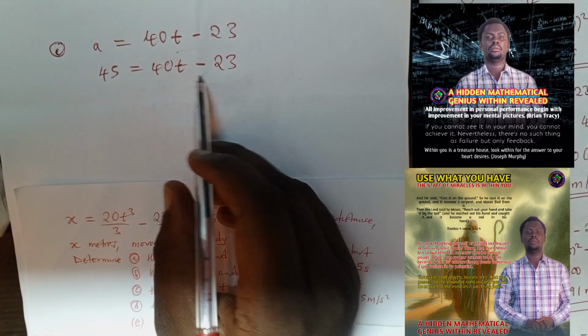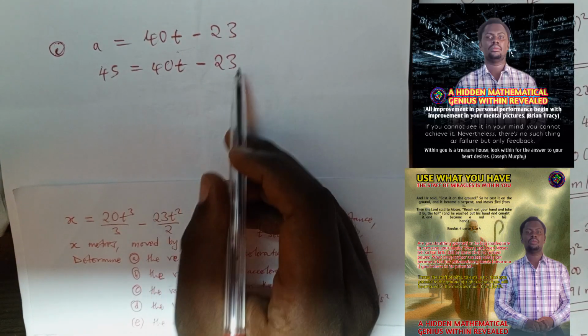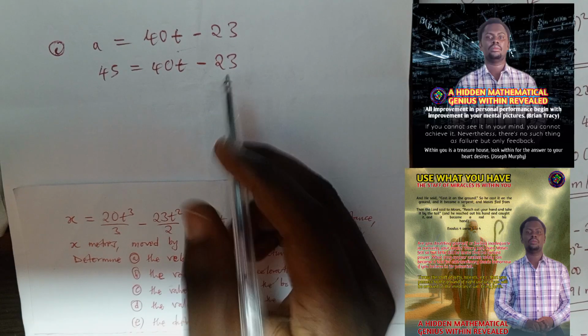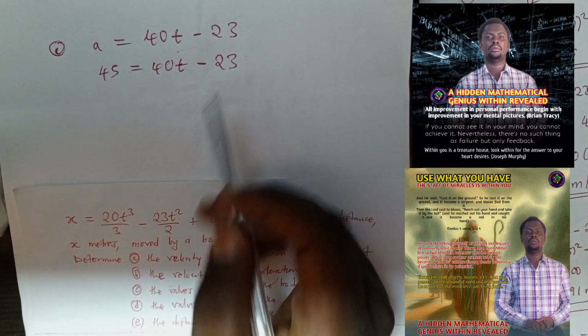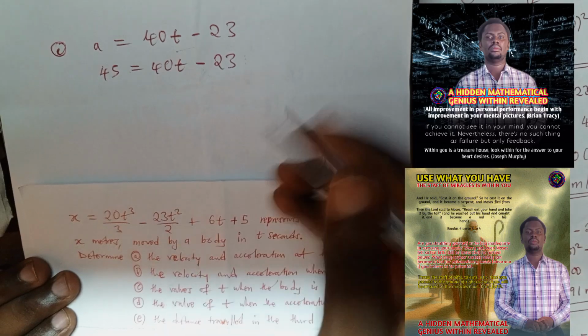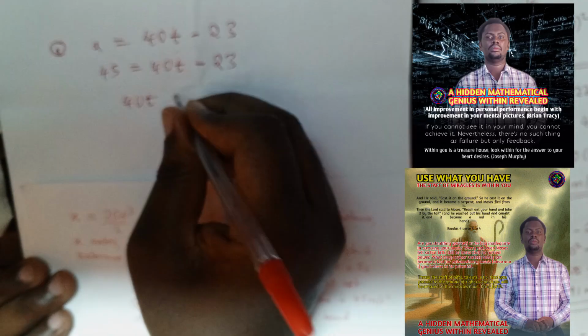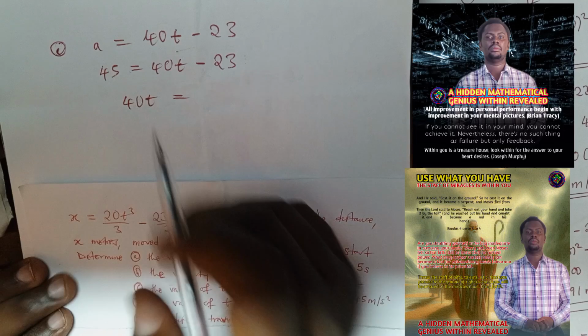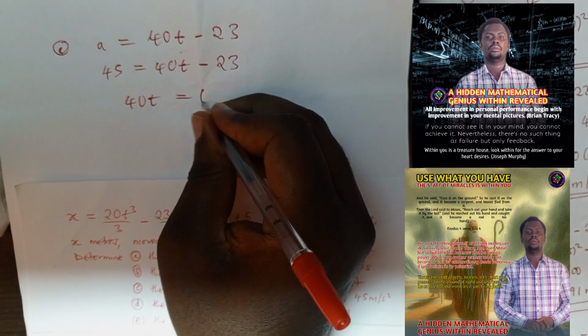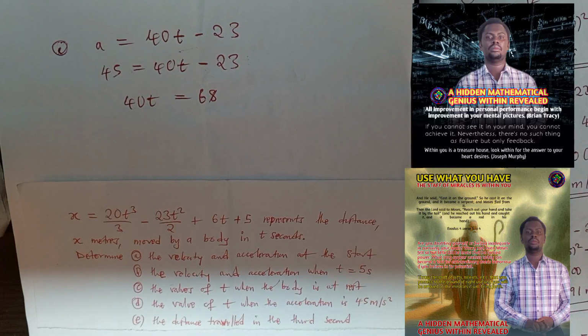So for us to remain with a term having t this side, we need to get rid of minus 23, and the opposite of minus 23 is plus 23. So we add 23 to both sides of the equation. Plus 23 here will cancel out the minus 23. So you get 40t is equal to 45 plus 23. 45 plus 23 you get 68. So 40t is equal to 68.